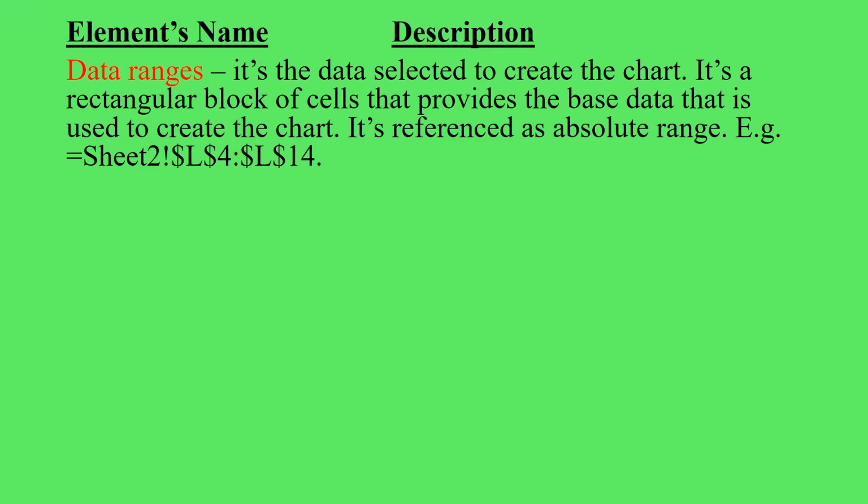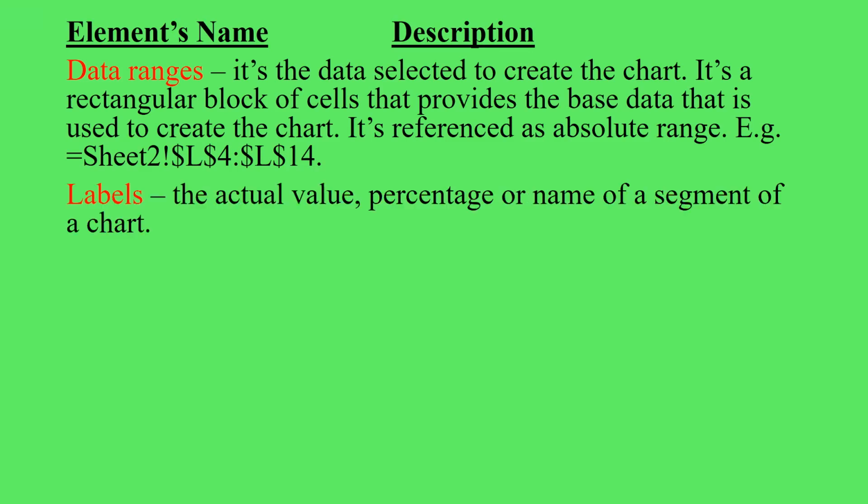For example, equals to Sheet2, exclamation mark, $L$4, colon, $L$14. The second part is called labels. The actual label, or the actual value, this is the actual value, percentage, or a name of a segment of chart.